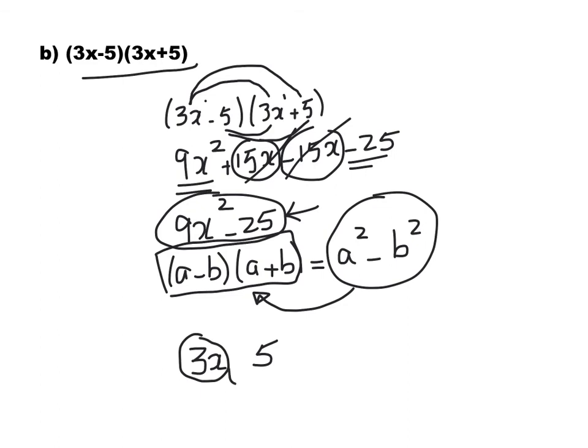The square root of 25 is 5. This is my b. So I get a minus b, which is 3x minus 5, times a plus b, which is 3x plus 5. This is a fact that you are going to use a lot later on.